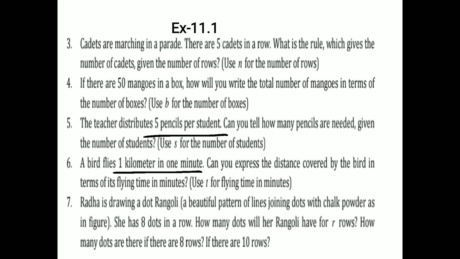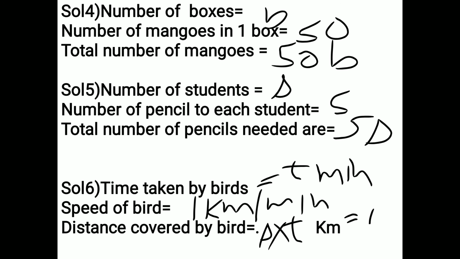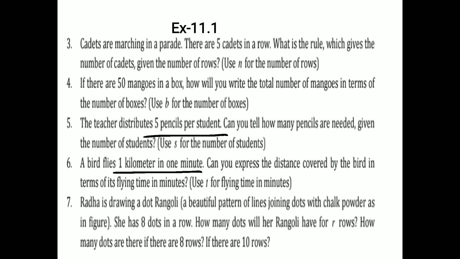Then they ask, can you express the distance in terms of its flying time in minutes? Time they have not mentioned, so time is t minutes. Clear? As you know, the distance formula is speed into time. So when you multiply 1 with t, the answer is t kilometers. Clear? Now we do question number 7.